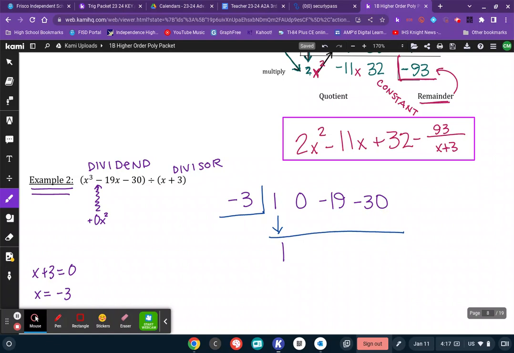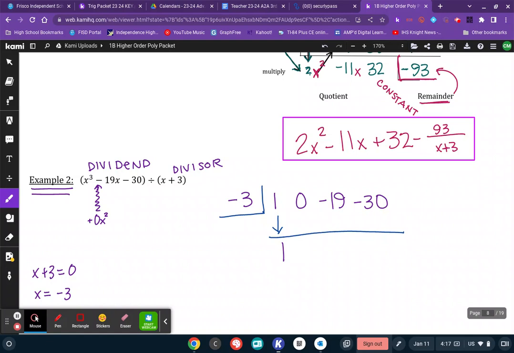It's always going to be the opposite sign of that number inside the binomial there if it's listed as a factor. So back to my synthetic division, bring down the first coefficient, and then start your multiplication process and then add.